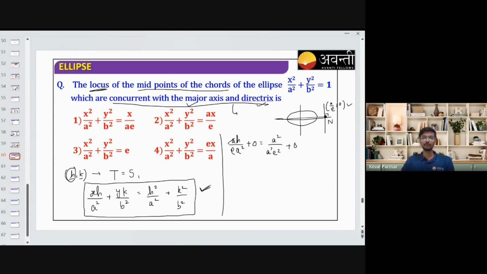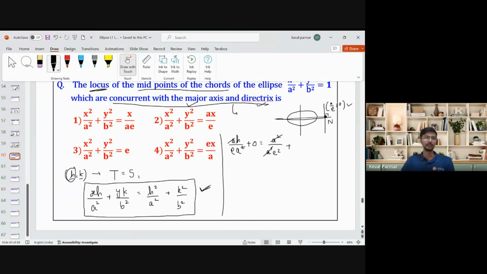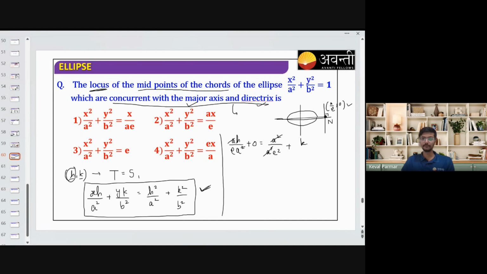So we can cancel out one of the a's from here, and cancel out a square here. Here it will be k square by b square.